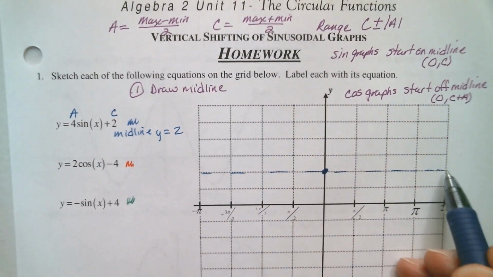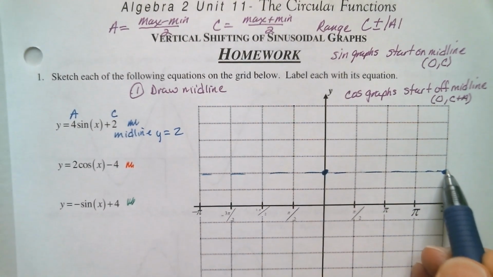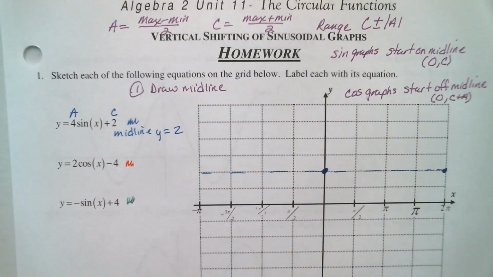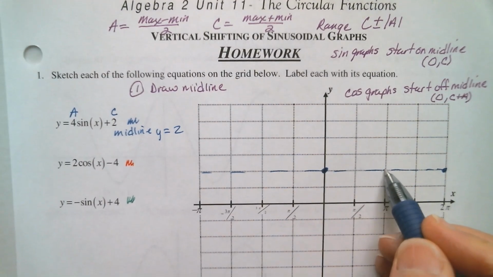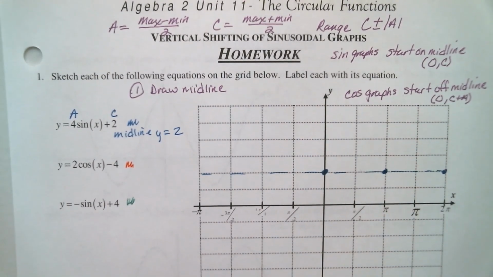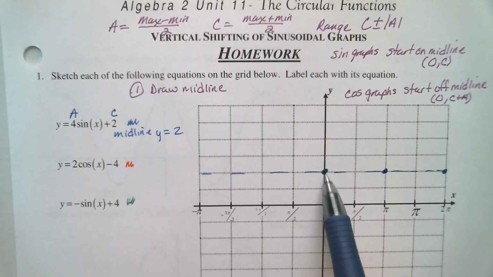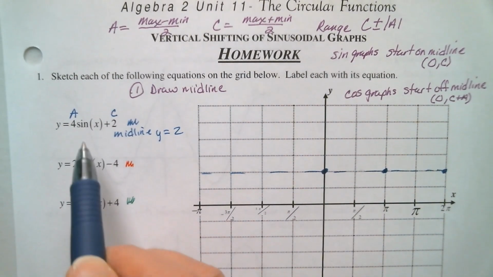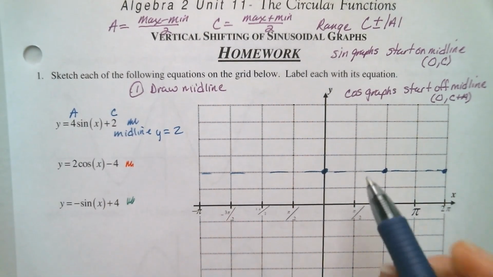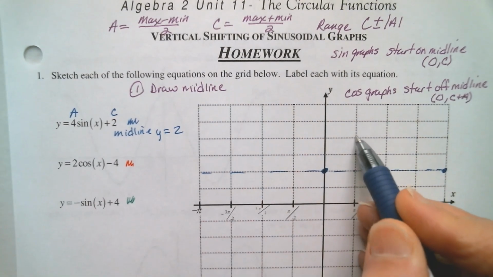One complete sine cycle is going to end at 2 pi, 2, and at pi radians, it's going to be on the midline. Now, midway between 0 radians and pi radians it's going to rise up 4 above the midline. So I count from the midline up 1, 2, 3, 4.